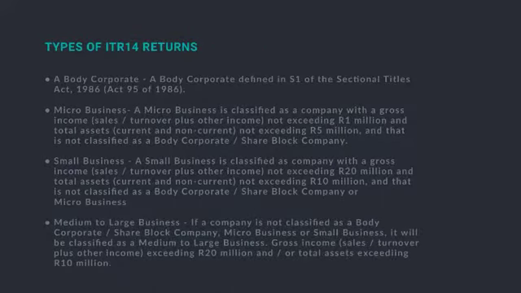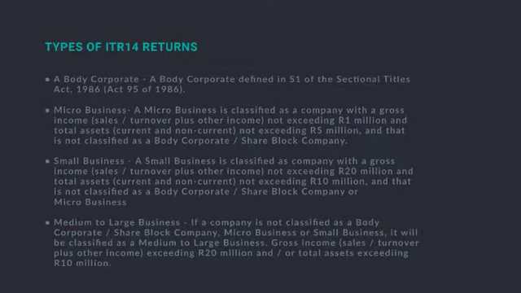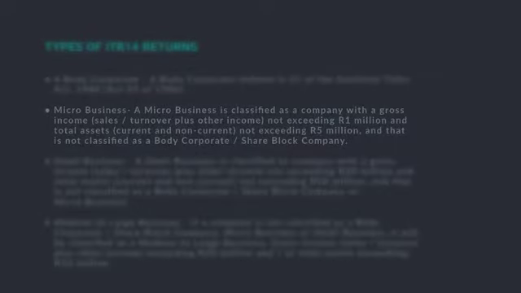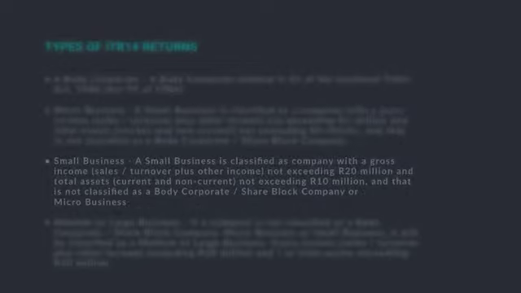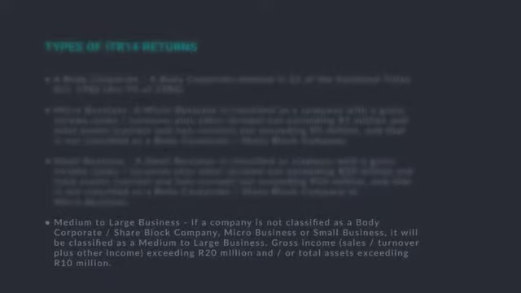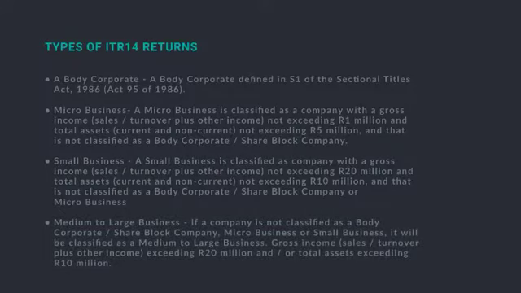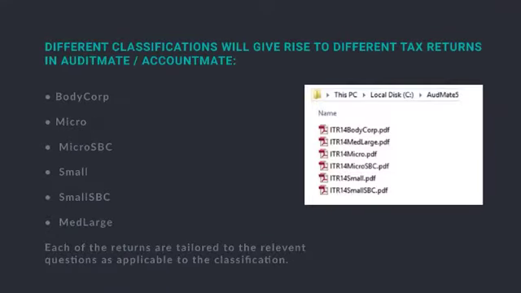There are different types of returns. Obviously, there's the body corporate return. That's for body corporates. And then they have three classifications: micro business, gross income less than 1 million, total assets less than 5 million. We've got small business, so that's between the 1 and 20 million, and the assets between 5 and 10. And then we've got the medium to large business. And we have different tax returns for each of those. In AuditMate, we have a multitude of returns. For the micro business, we have the return for micro business and a micro business that's a small business corporation, SBC.